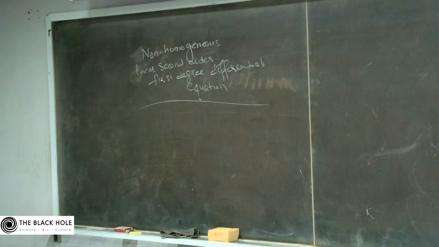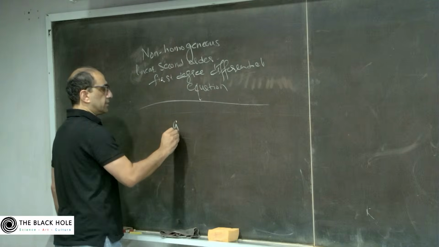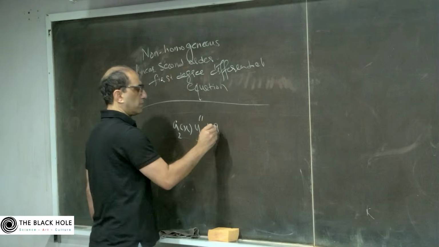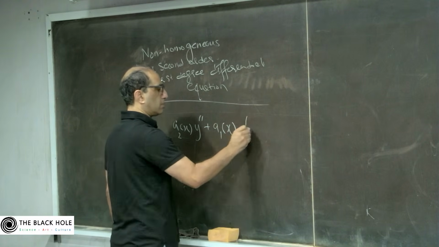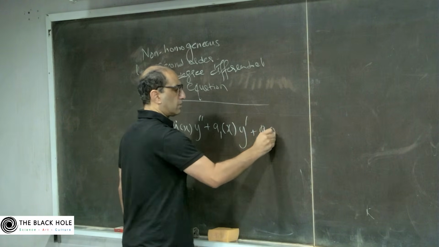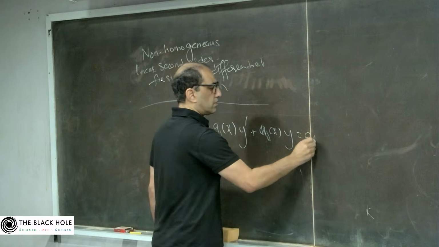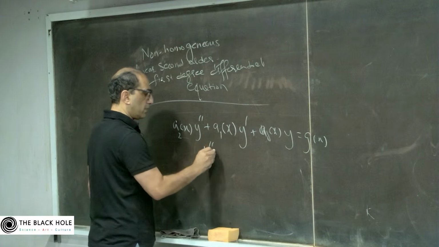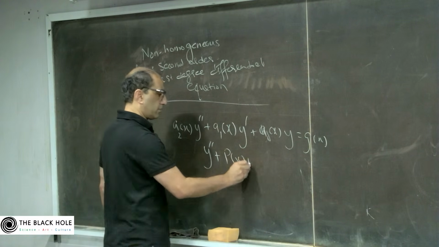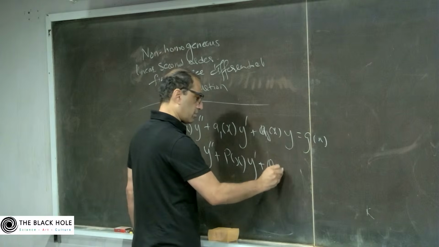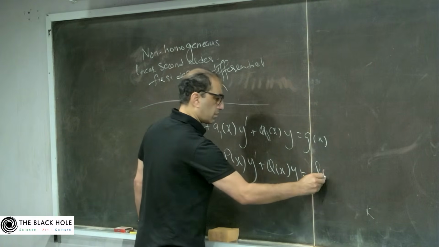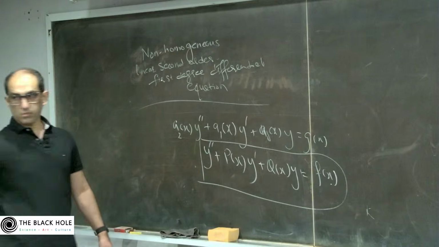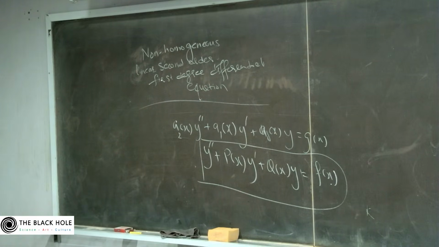Classification should always be in your mind. So I can write this as, and if I write this thing in standard form, then this is the equation now that I have.